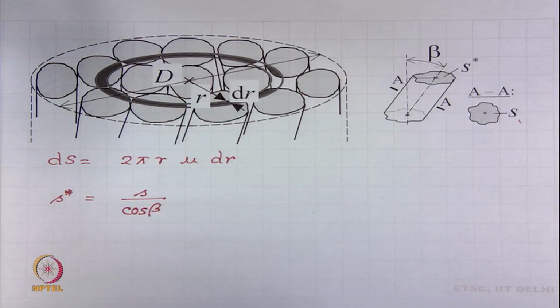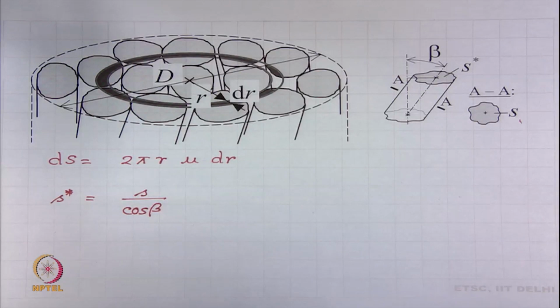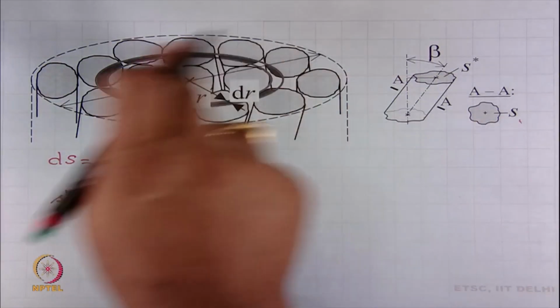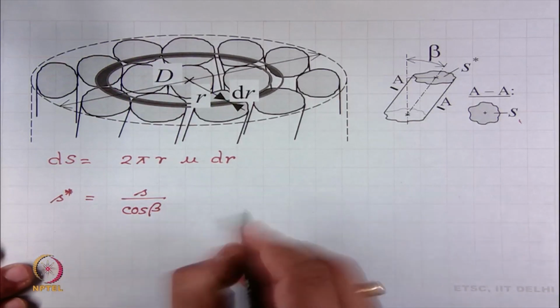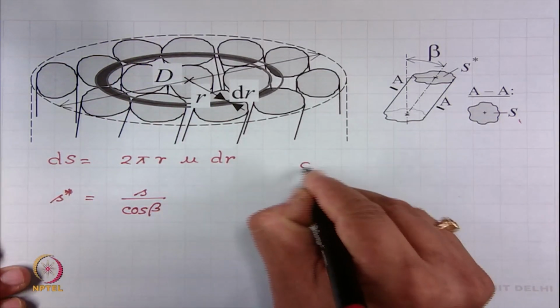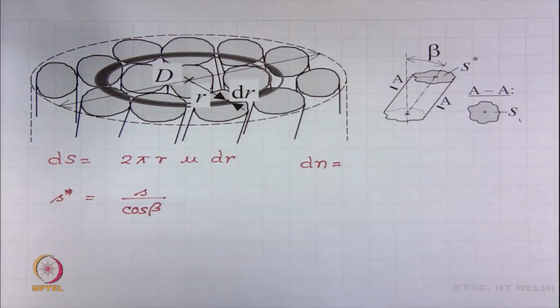Okay. Now, you tell me how many fibers, or fiber sections precisely, are present in this annular ring. They are very small in number. How many fiber sections are present in this small ring? How will you find out? Suppose that number is dn, total area divided by mean section area, is not it?